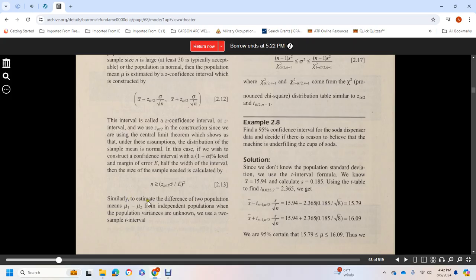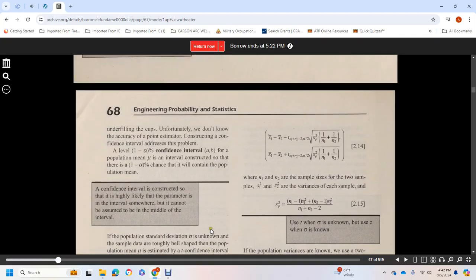Similarly, to estimate the difference of two population means, mu 1 minus mu 2, for independent populations where the variance is unknown, we use the two-sample t interval. Here n1 and n2 are the sample sizes of the two samples, and s1 squared and s2 squared are the variances of each sample.